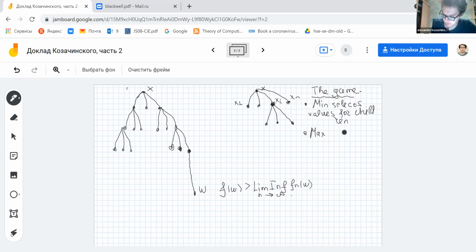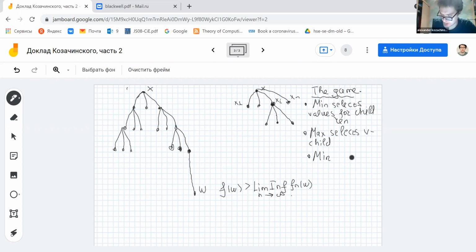Max selects some child v of the root, where intuitively there will be some global inconsistency under v. And min is allowed to select only such values that the local condition holds, right? Locally consistent, yeah. If he selects something locally inconsistent, then he loses immediately, but we don't need to do this.